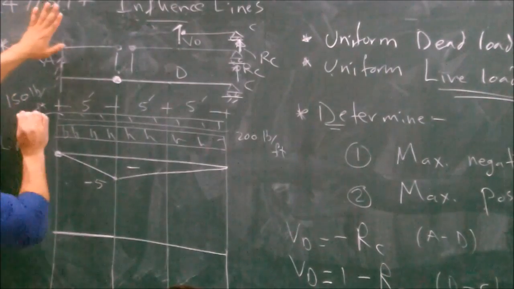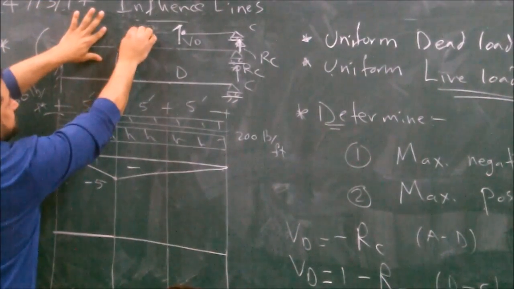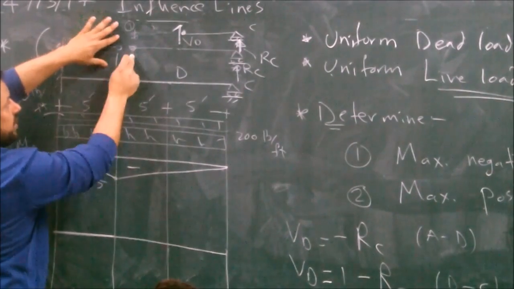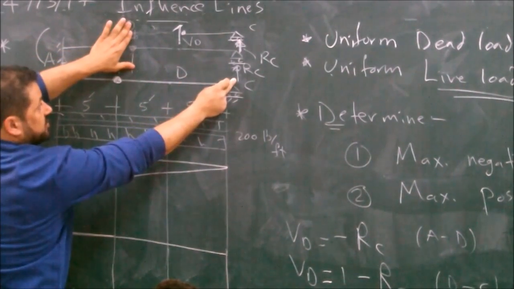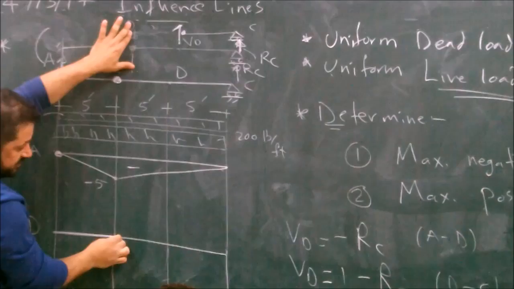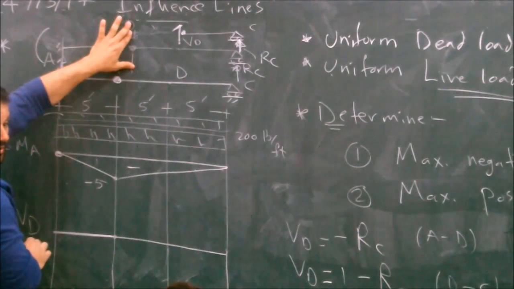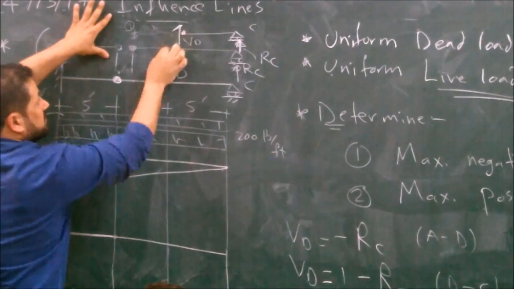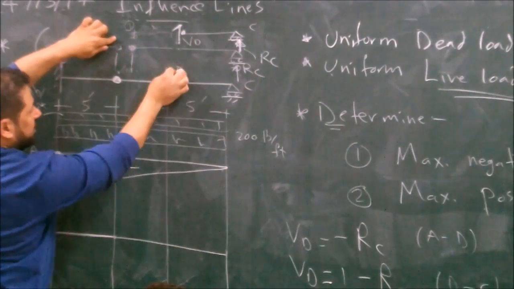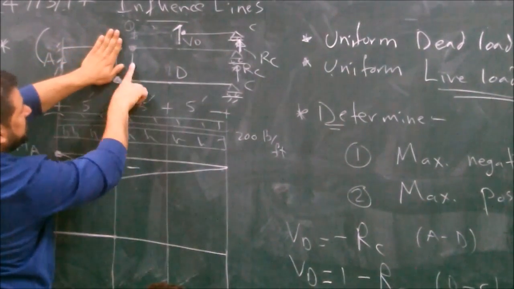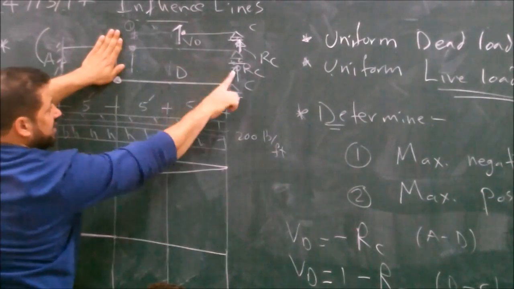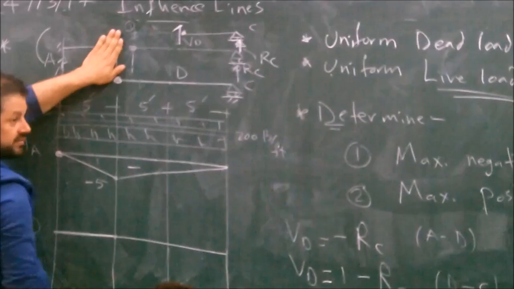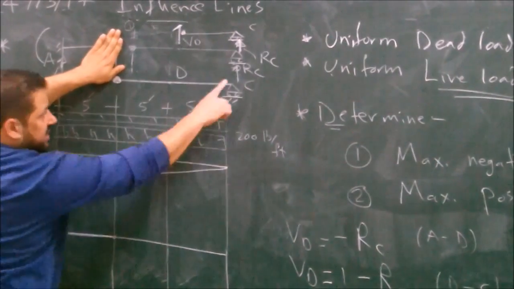Now if we have it here, how much is this one? 1. How much is RC? So VD is still 0. Now if it's right at D, this one is 0.5 and that is 0.5, so VD equals minus 0.5, minus RC.